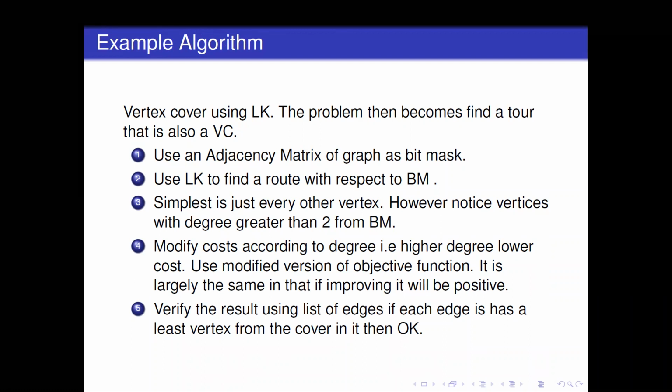And then finally, you can verify the result by just running a simple algorithm over at the end, which sees whether the vertices you've found touch every edge in the graph. That'll run at order n.